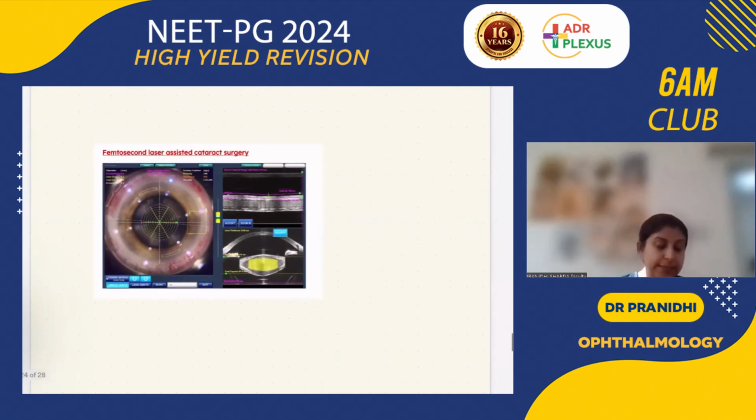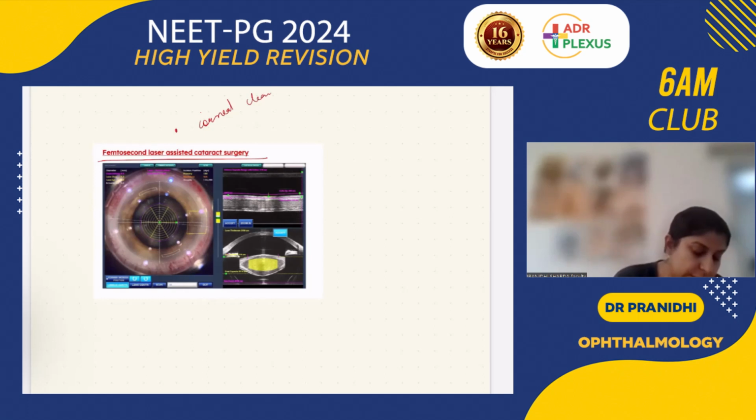And this is the latest addition to cataract surgery, that is the femtosecond laser assisted surgery. It does 2-3 steps of cataract surgery. Firstly, it can give the clear corneal incision.